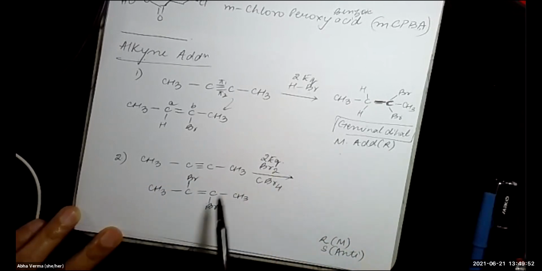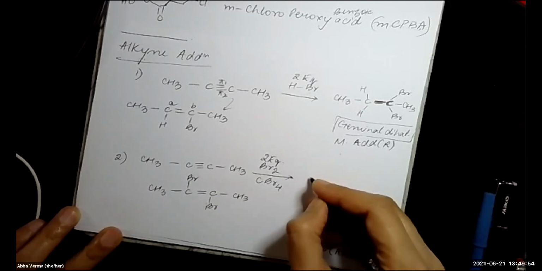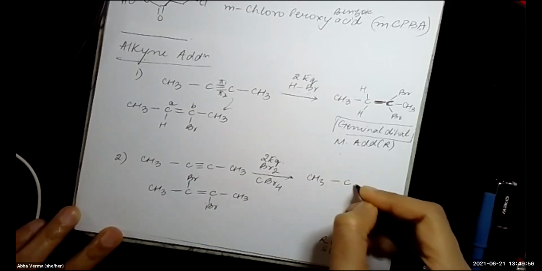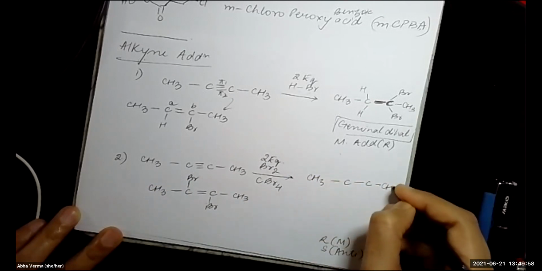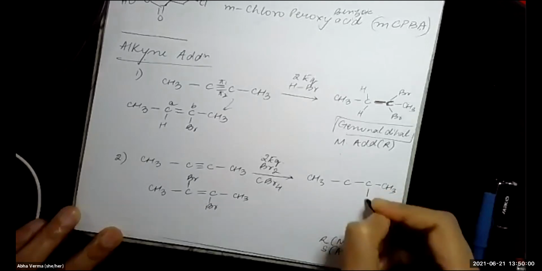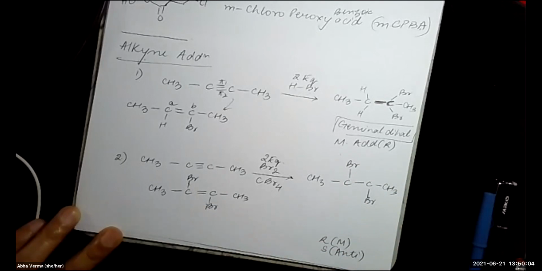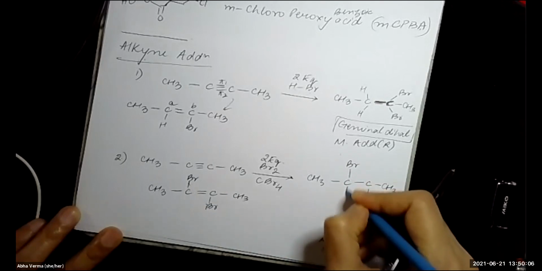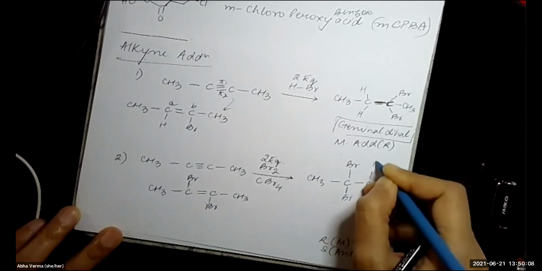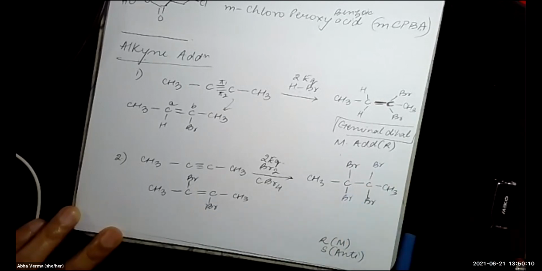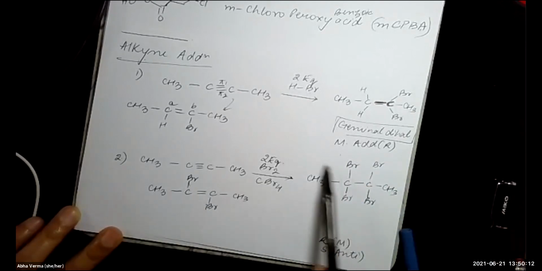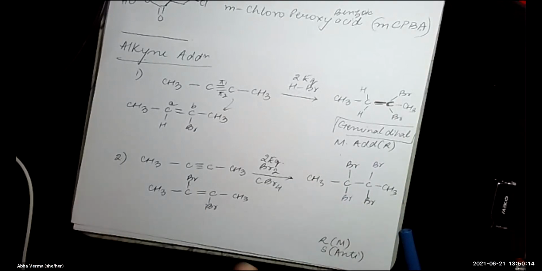With my second equivalent, I'll get Br from the first one, and then from the second one, I will get Br anti to each other. Of course, in the product, it will not look different, but you should know where these bromines are coming from and how.